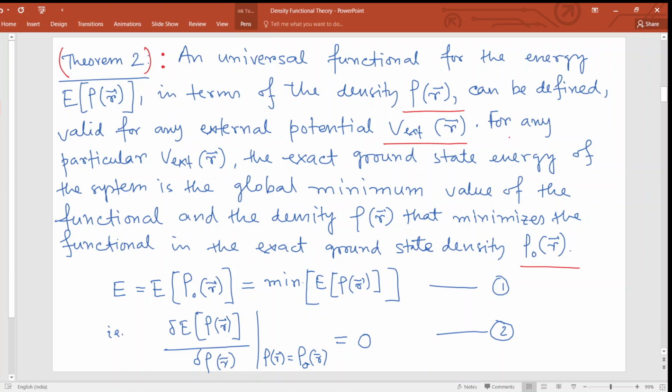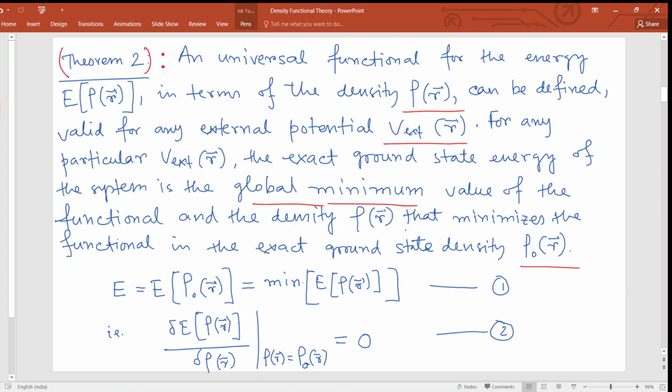Now, if we want to find the ground state energy of the system, then that has to be the global minimum value of the functional, and the density that basically minimizes this functional will be the ground state density.